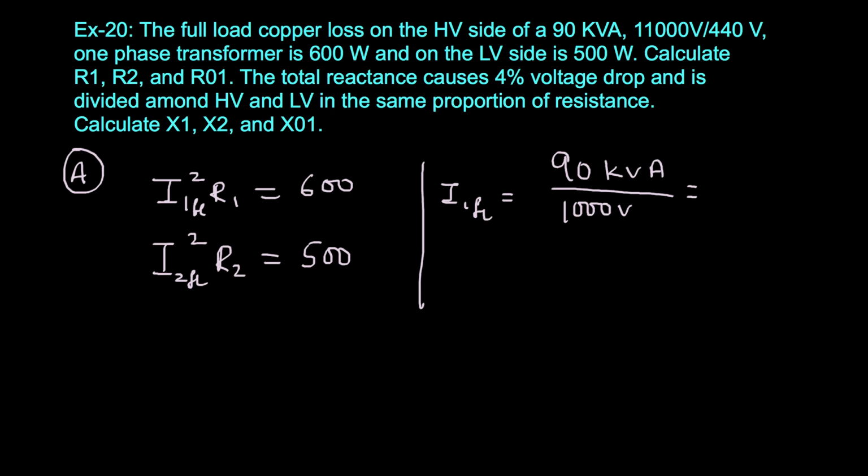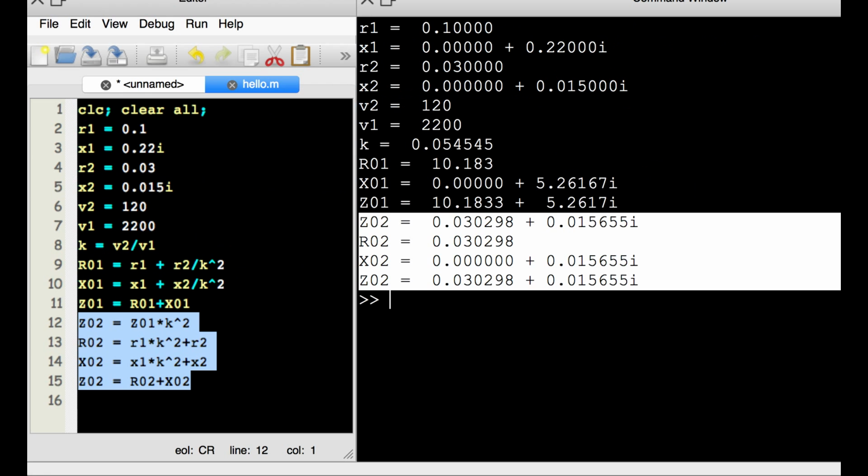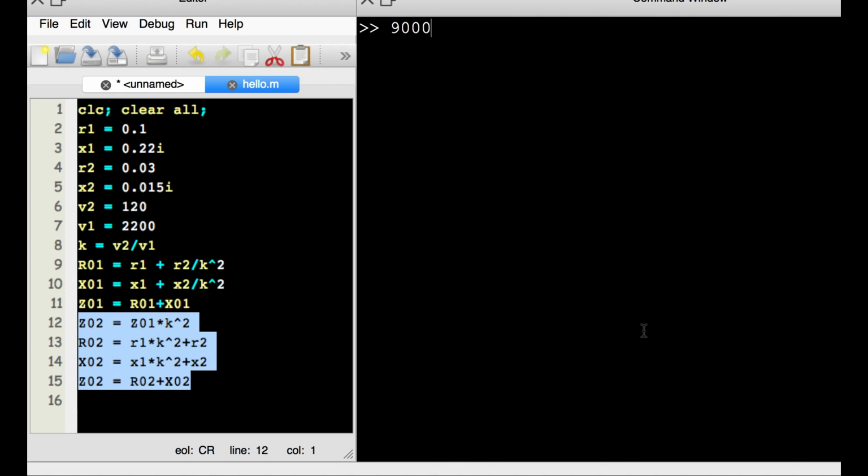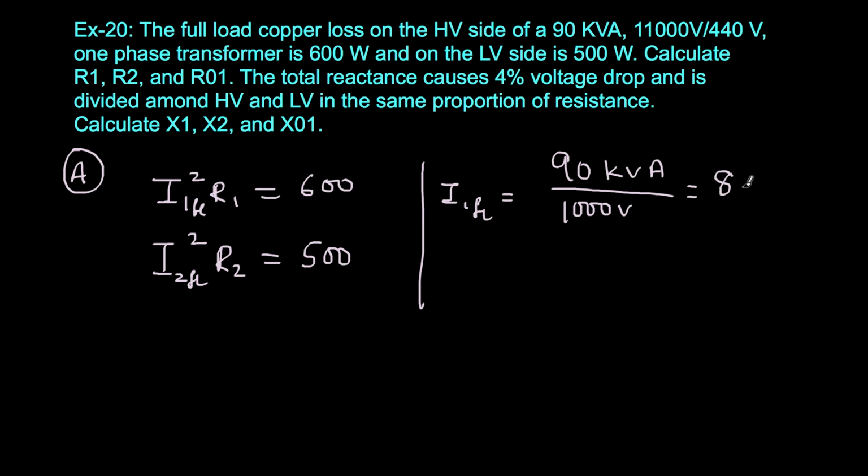You should be careful with the units. So 90,000, that is 90 kVA, divided by 11,000. So 8.1818. I'll write 8.182 as a rounded figure. 8.182 amperes is the full load current in the primary.